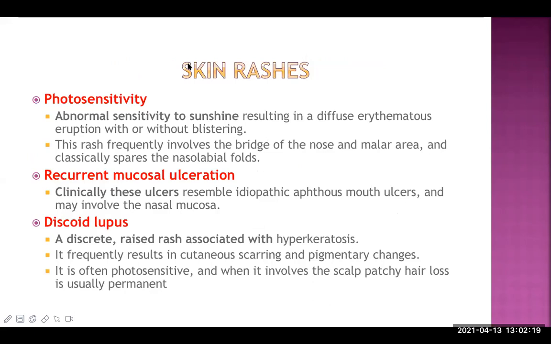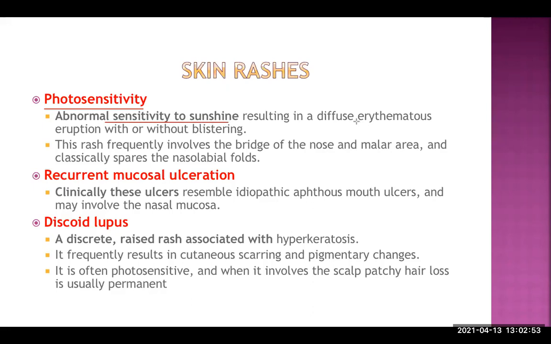Now let's talk about skin rashes. What are the different types of skin rashes which can be seen in connective tissue disorder? One type is photosensitive rash or photosensitivity itself. This photosensitivity I've already explained to you is abnormal sensitivity to sunshine. When especially that type of patient go to sunshine, they feel very uncomfortable. They feel that itchy type of sensation in most part of the body.